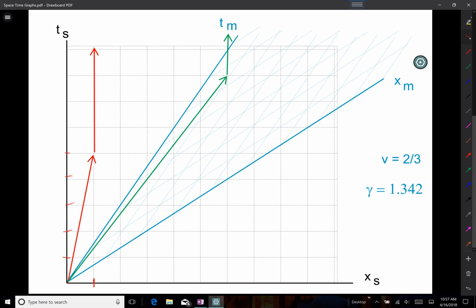That means the run is 6. The rise is 8. Well, I already know this is a rise of 8. I need a run of 6. 1, 2, 3, 4, 5, 6. And so there's the point at which it arrives after 8 seconds. And then it stops. And so again, we have a world line that goes parallel to the TS axis.